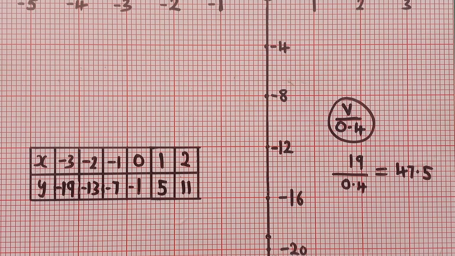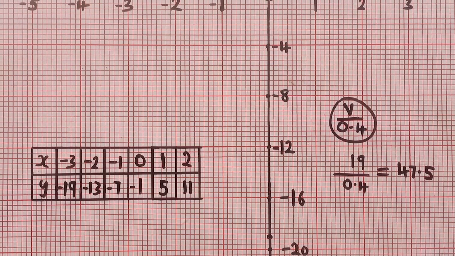Sometimes we wish to use only whole numbers in locating this. Yes, sometimes we prefer to use whole numbers instead of a mixed number like this. This is 47.5. That is a mixed number. 0.5 means half. We can approximate it mathematically to 48. That is, if we don't want to use fractions.